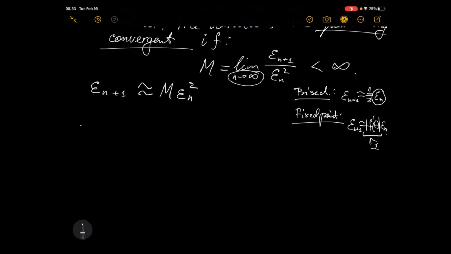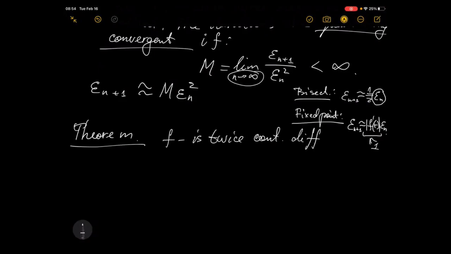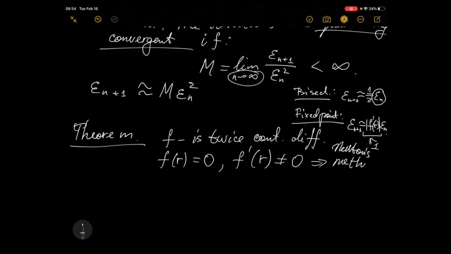I will formulate it as a theorem. If f is twice continuously differentiable, which means that two derivatives exist and they are continuous, and f(r) is equal to 0 and f'(r) is not equal to 0, then Newton's method is locally and quadratically convergent to r.